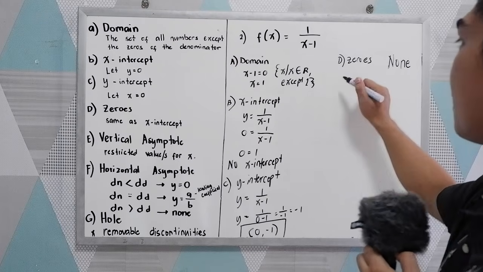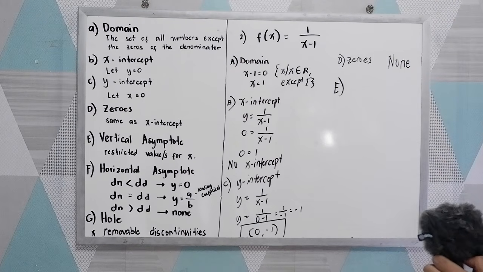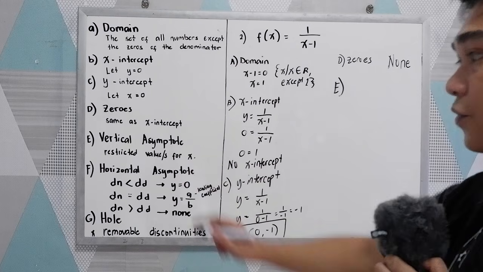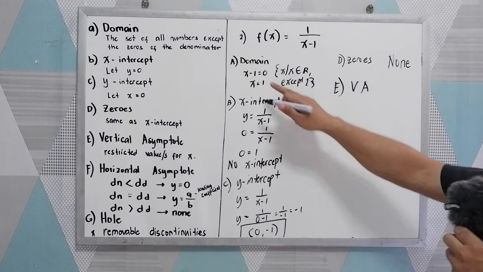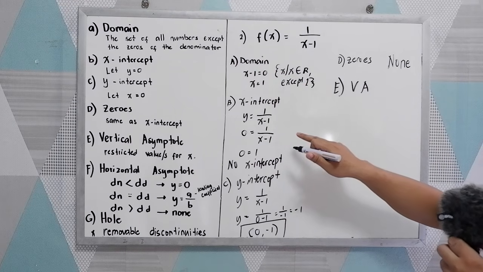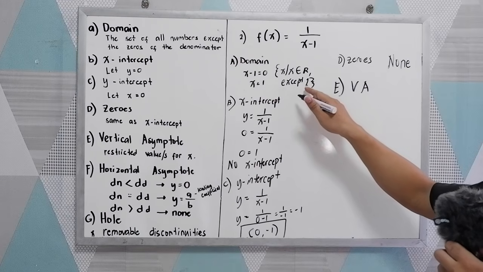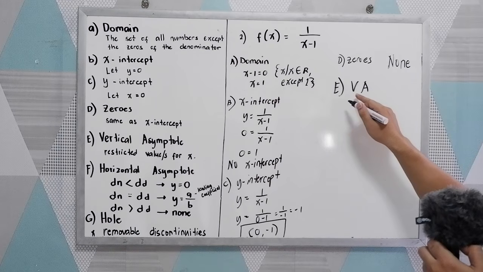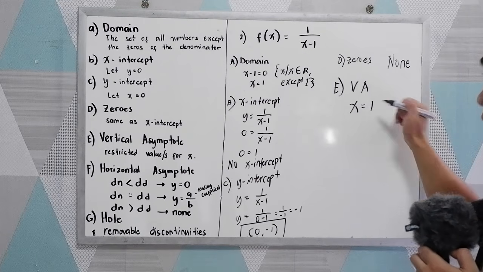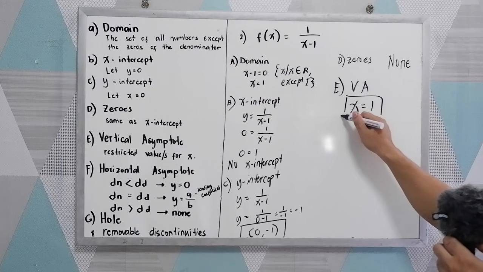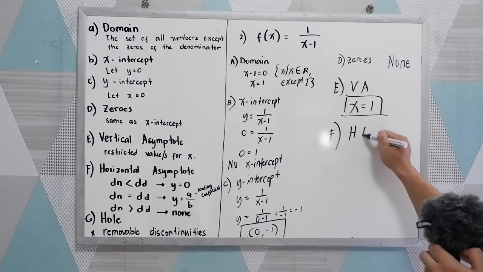And for the vertical asymptote, letter E, these are the restricted values for x. According to our domain, x such that x is an element of real numbers except 1. So vertical asymptote, x is equal to 1. Letter F, horizontal asymptote.